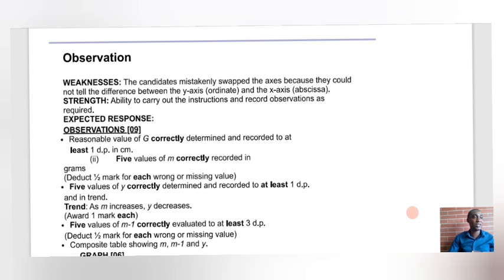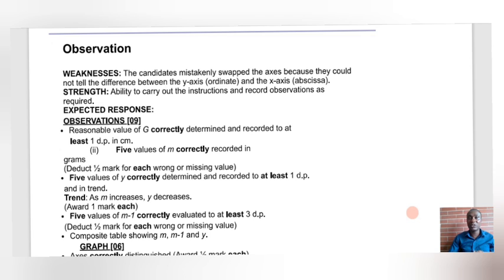So you can see here the observation. This is the observation from the chief examiner for the physics exam. He talked about the weaknesses. The weaknesses are that the candidates mistakenly swapped the axes because they could not tell the difference between the y-axis, that is the ordinate, and the x-axis, the abscissa.